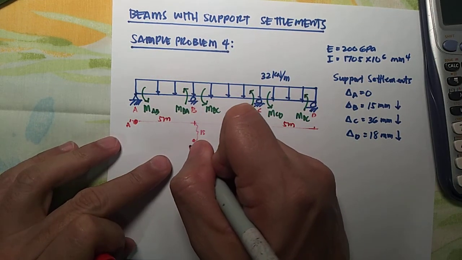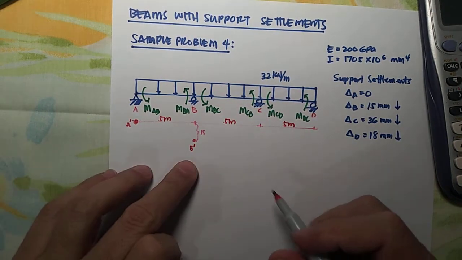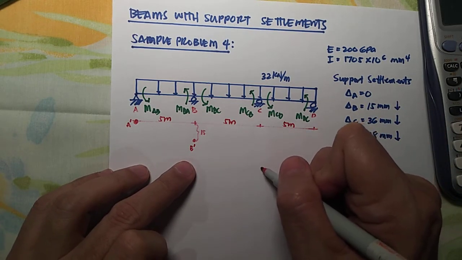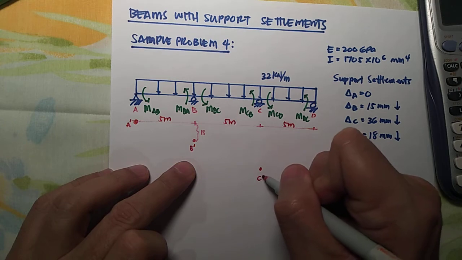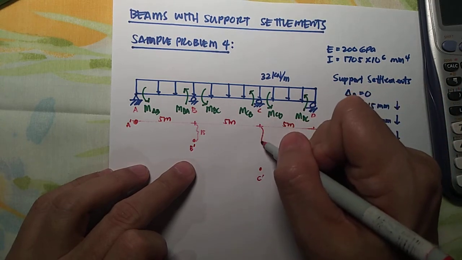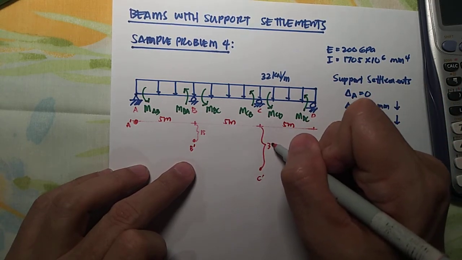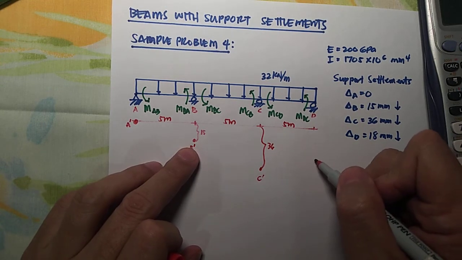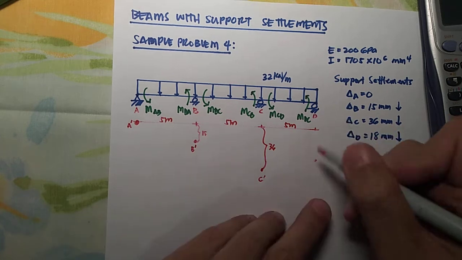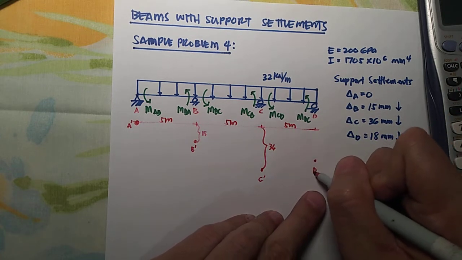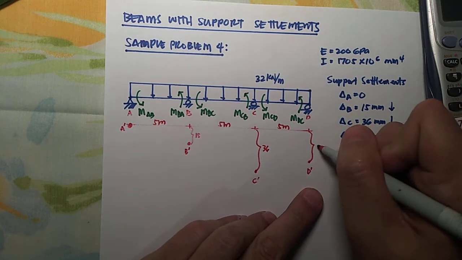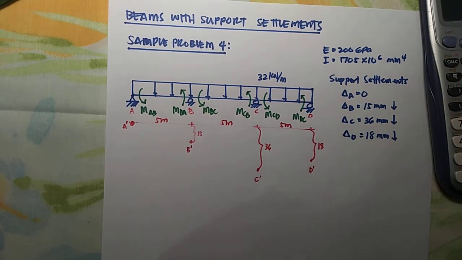Say this is B prime, the final position of the support. And yung C is yielded 36, so somewhere here. Let's say here. So here is point C. So the vertical distance here is 36. Then kung ito 15, siguro yung 18 nandito. This is the final position of point D. So this is the yielding or the displacement of 18 millimeters.